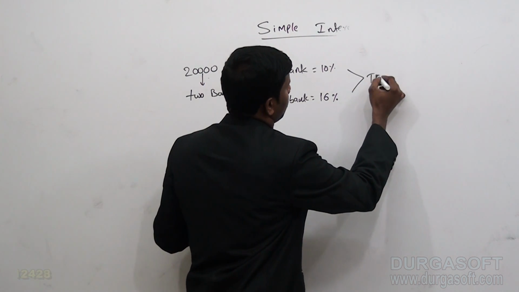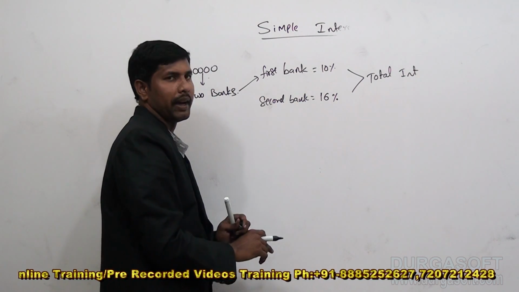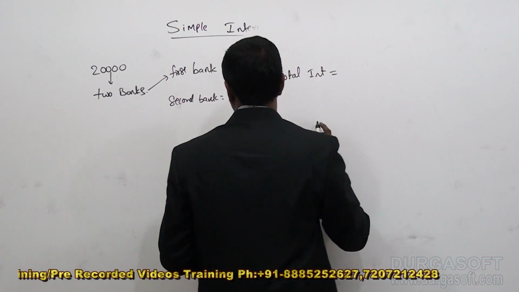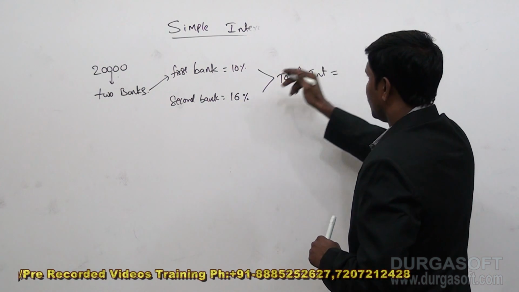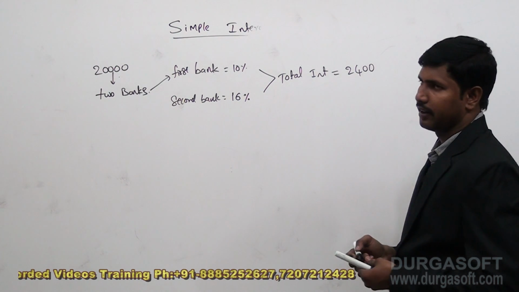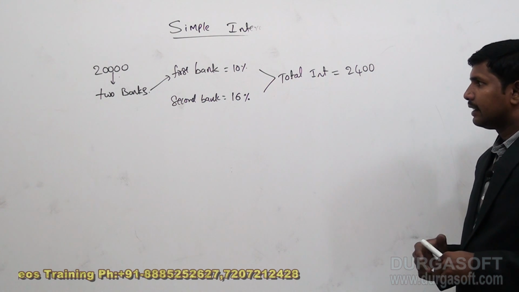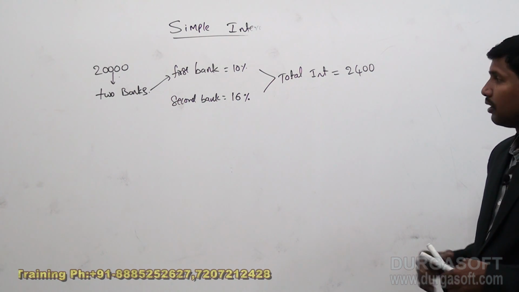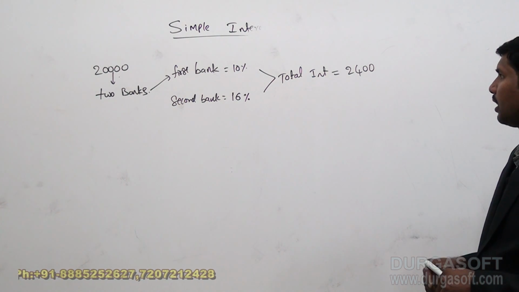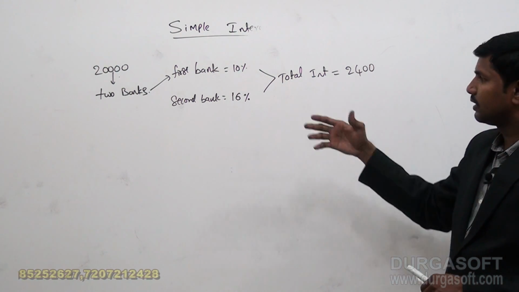The total interest he received from both the banks is 2,400. So in this way, here we are getting the total interest of 2,400. Now we need to calculate the money deposited in the first bank as well as in the second bank.